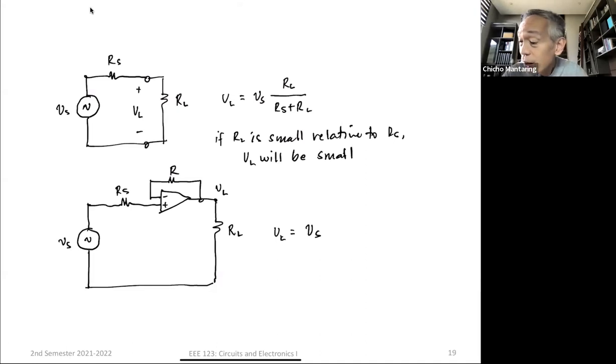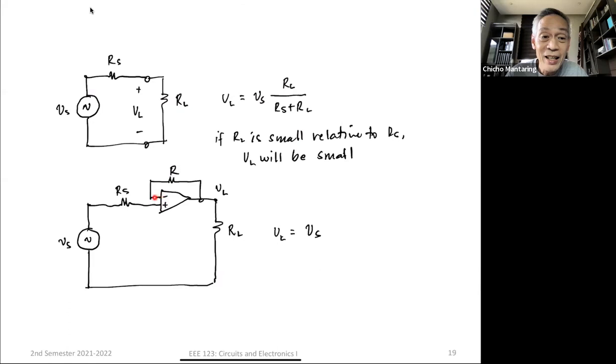Bakit? Wala kang current na pumapasok dito sa V+, and therefore wala kang voltage drop dito sa R of S. And therefore V+ is just equal to V of S. But V+ is equal to V-. So yung voltage dito sa minus will also be equal to V of S.